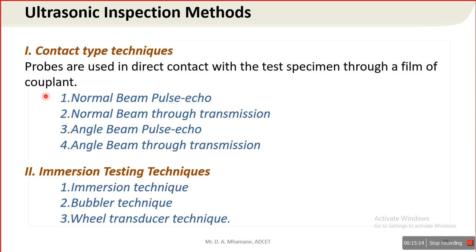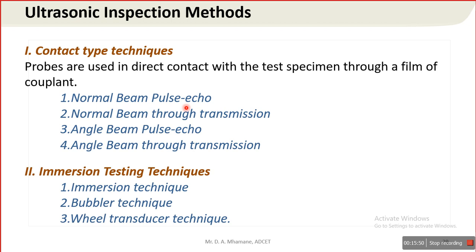So in this, as we have multiple types of probe or multiple types of wave, the first is the normal beam pulse echo technique, in which a longitudinal wave is transmitted into the material. Second one, normal beam through transmission. In pulse echo technique, a single probe transmits and receives the ultrasound. In through transmission technique, we use two different probes.